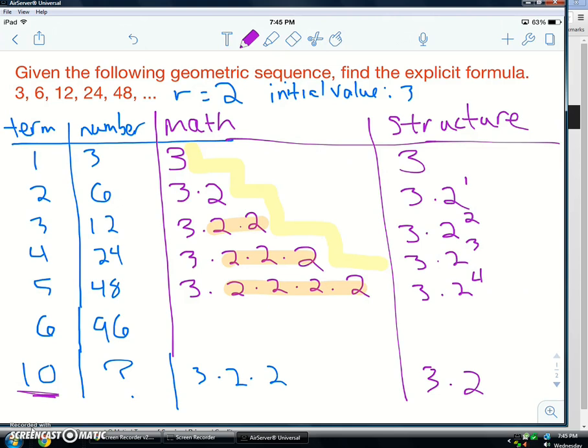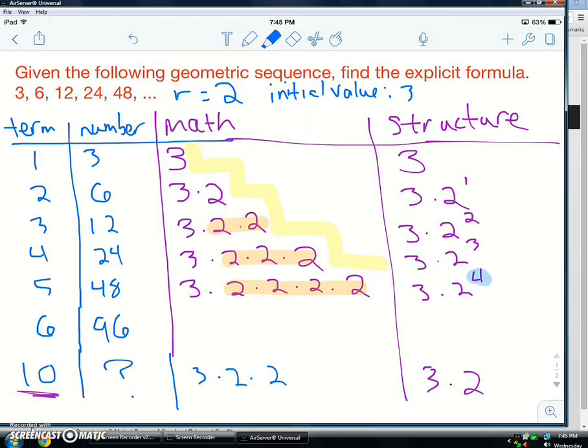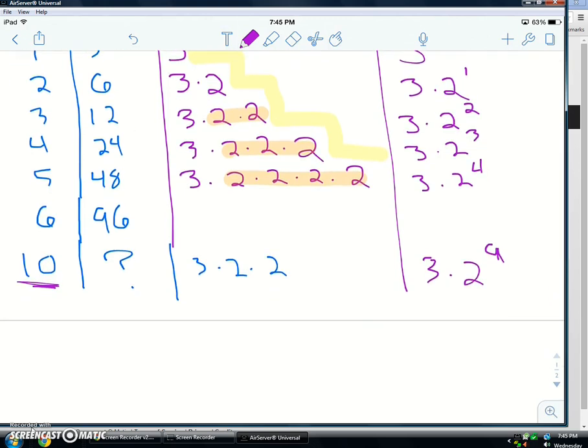And if you notice, all of these exponents, 4 is 1 less than 5. 3 is 1 less than 4. 2 is 1 less than 3. So hopefully you can see that the 10th term is just going to be 3 times 2 to the 9th power. Okay. And there we've got a structure.